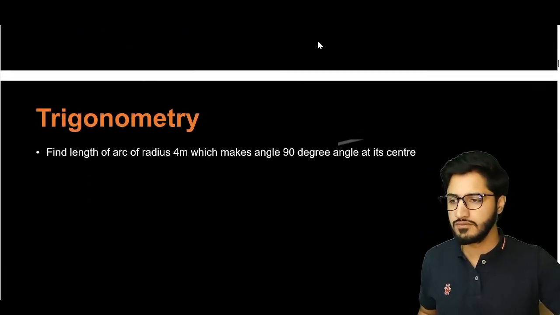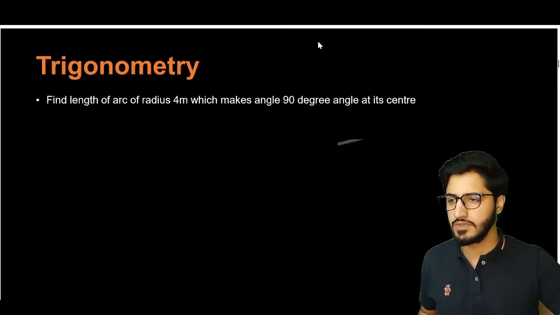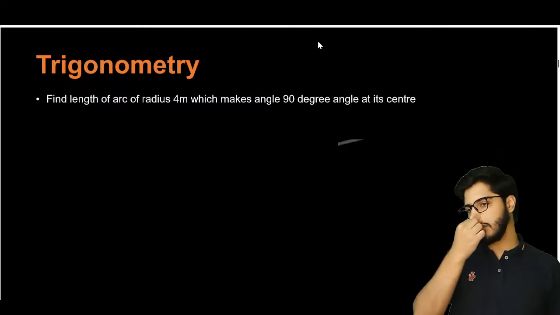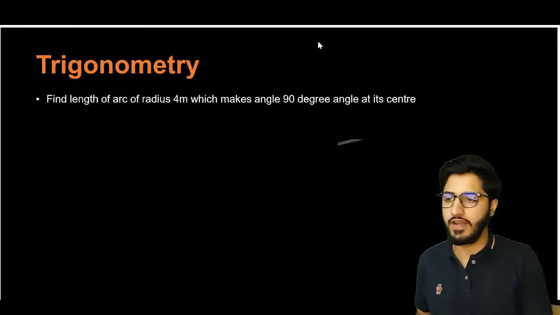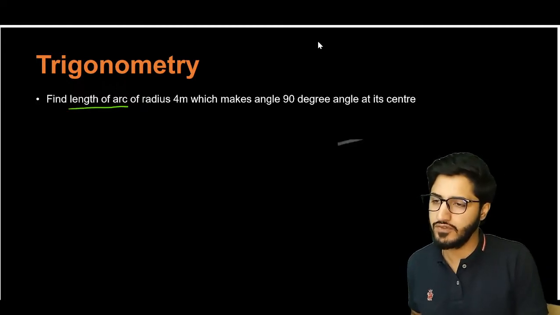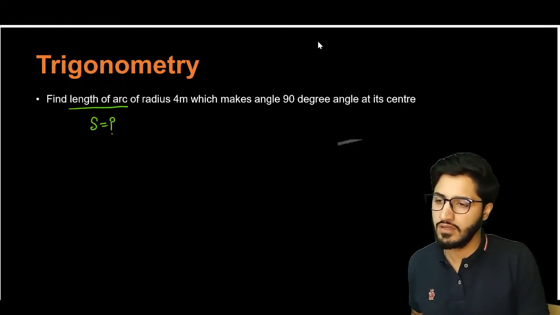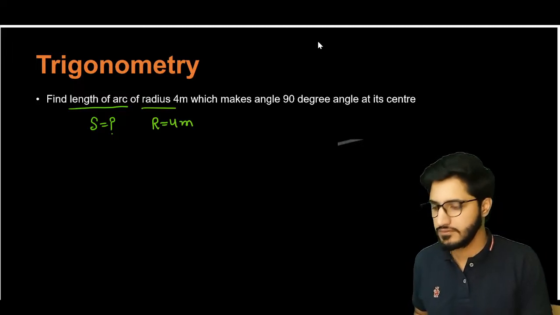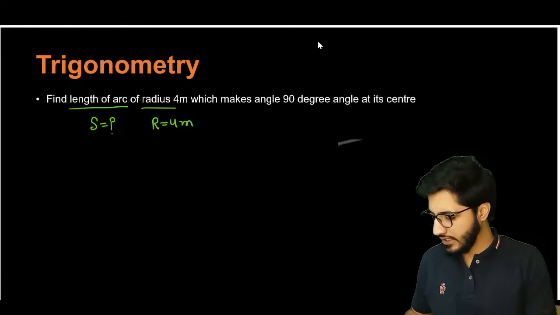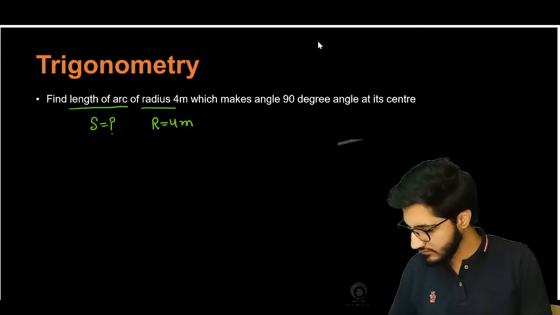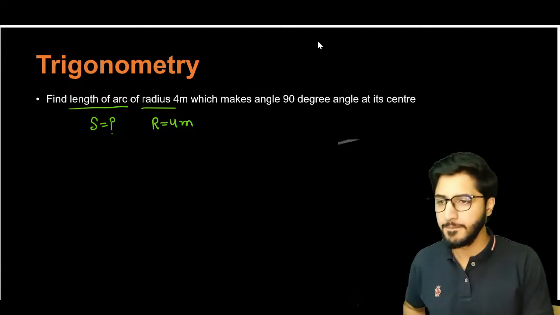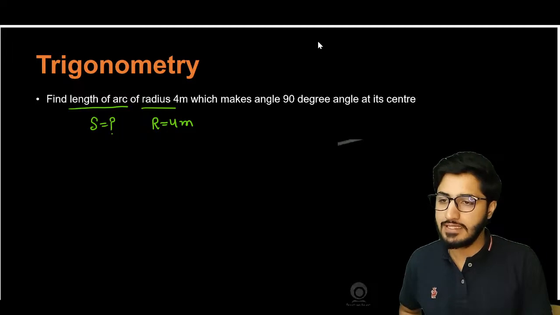Now we have a numerical. Find the length of arc of radius 4 meter. So we have to find the length of arc, that means we have to find our S. And the radius is given as 4 meter. And the arc makes angle 90 degree.